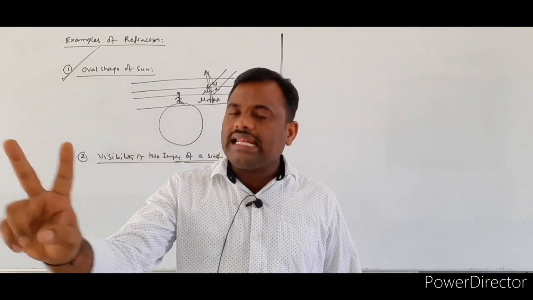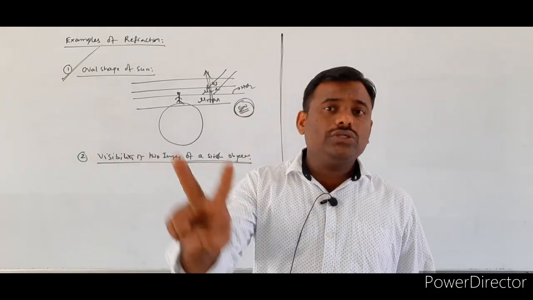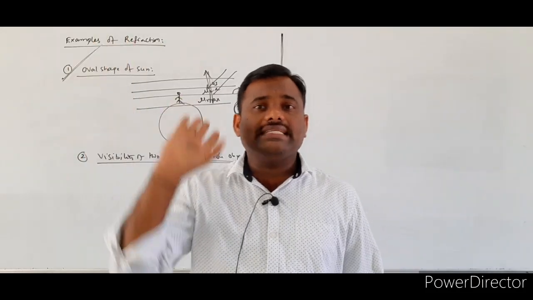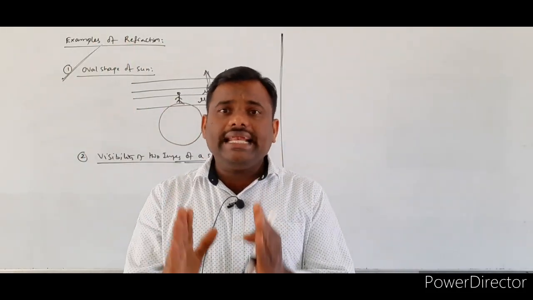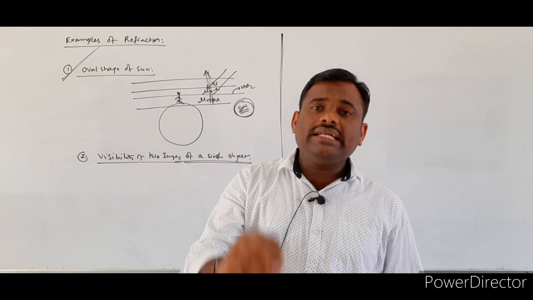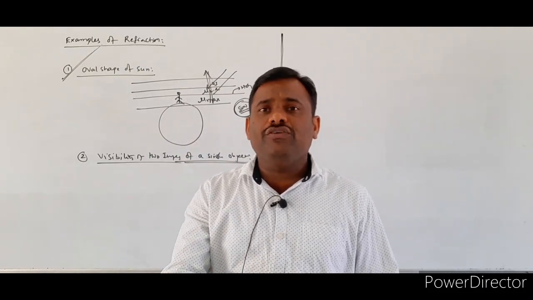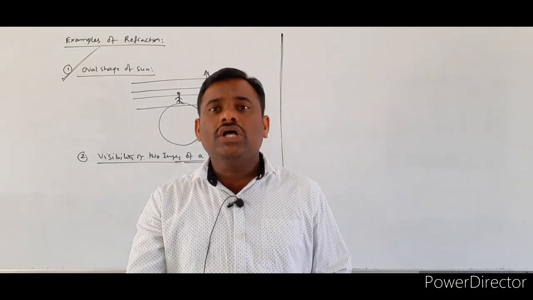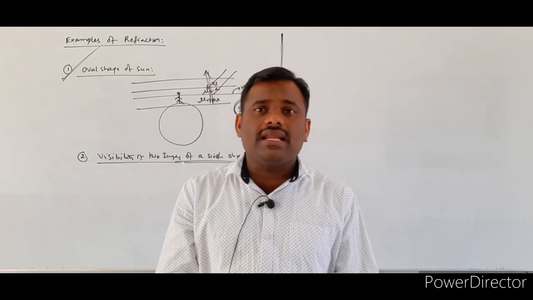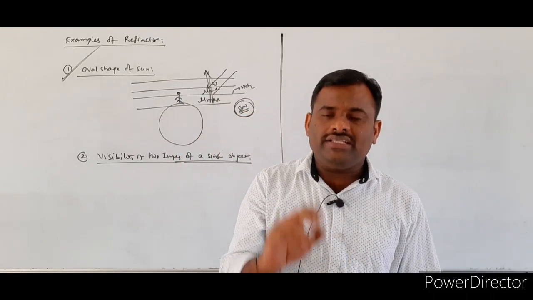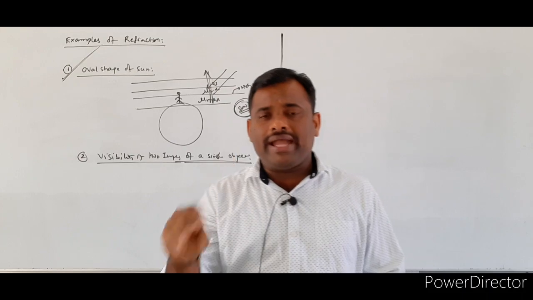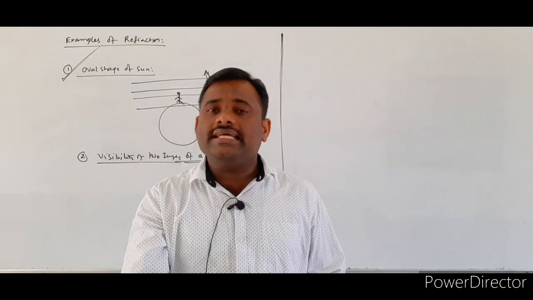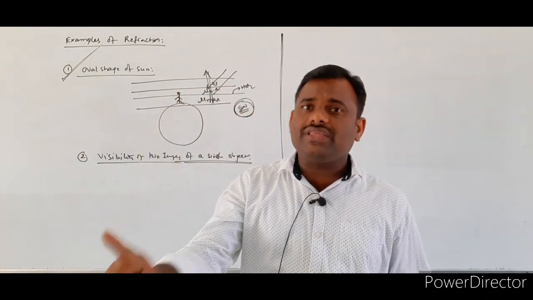If two refracted light rays come, that gives two images. If three refracted light rays are coming, that gives what? Three different images. When you find different refracted light rays, they give different images. This point we have to keep in mind: different refracted light rays give different types of images.